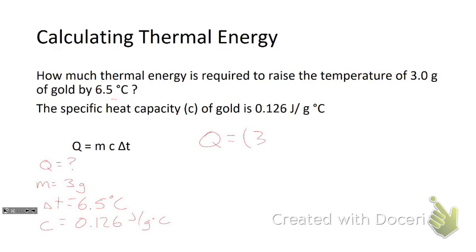So we have 3 grams is my mass. My C is 0.126 joules per gram degree Celsius. And I'm multiplying that by my change in temperature, which is 6.5 degrees Celsius. So when you multiply this, your degrees Celsius will cancel, your grams will cancel, and you're just going to be left with joules, which is perfect, because that's how we measure Q, is in joules.